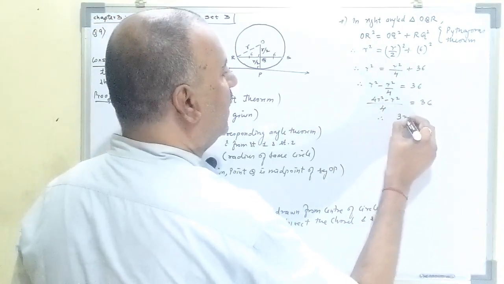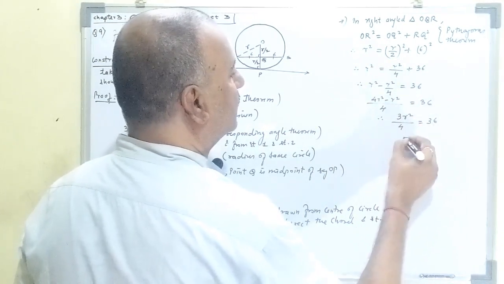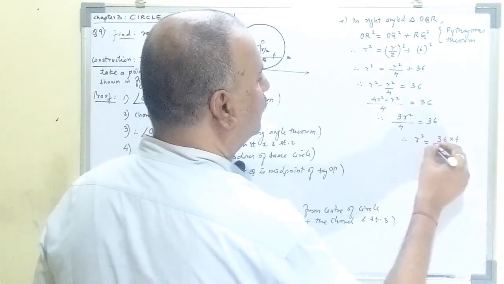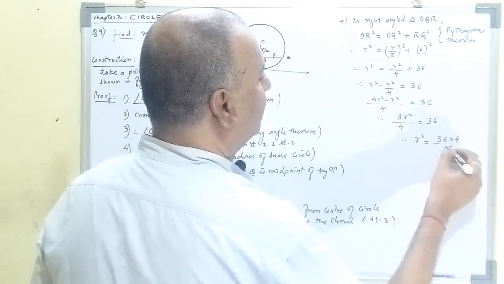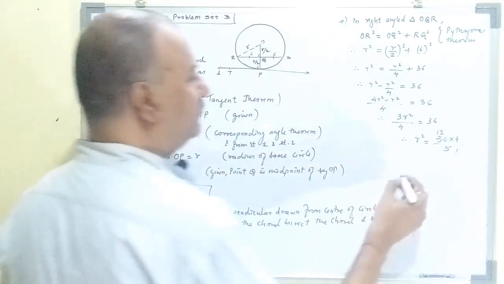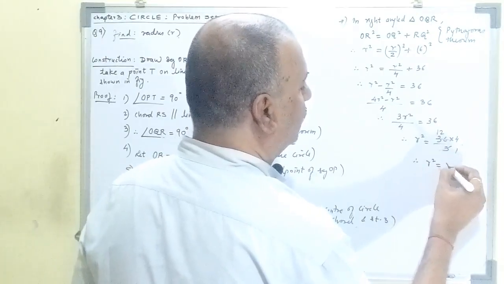So we get 3r square upon 4 equal to 36. So r square क्या होगा 36 into 4 upon 3. 3 ones are 3, 12 to 36 therefore r square equal to 12 fours are 48.